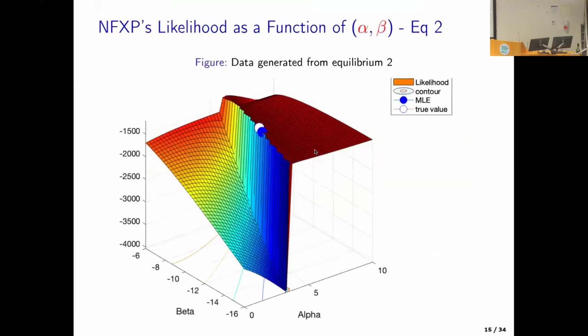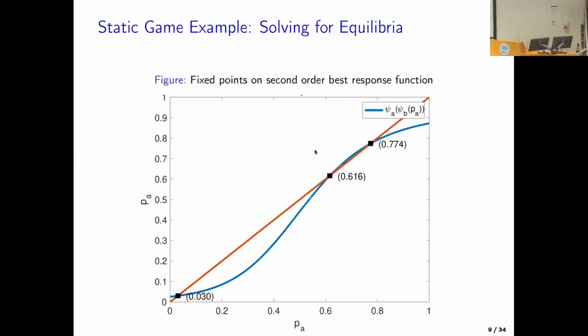So let's go back to the slides. This is what I wanted to say. Now you change alpha and beta just a little bit. This curve just jumps below, and then these two equilibria are no longer there. You're still going to take the maximum over all the equilibria that you find, but now these equilibria no longer exist.